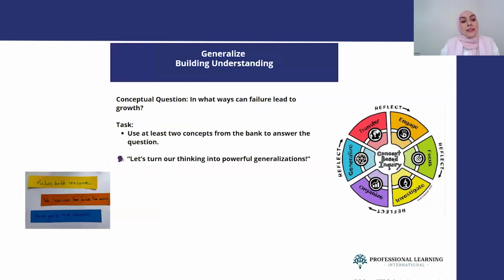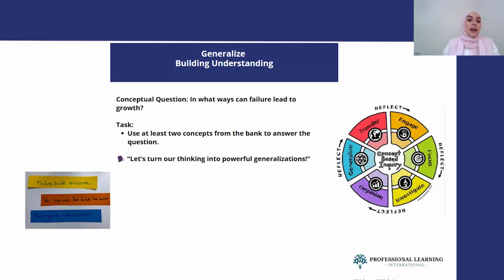And then we asked them a conceptual question. We told them, okay, we saw the story of the eagle. We defined what is failure. We saw what happened with J.K. Rowling and Steve Jobs and your own experiences with failure. Now, in what ways can failure lead to growth?